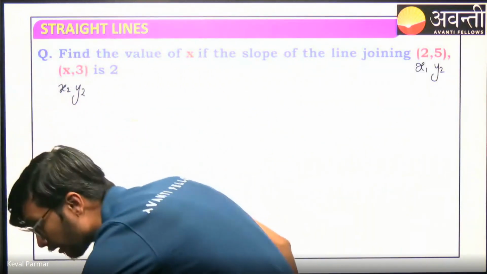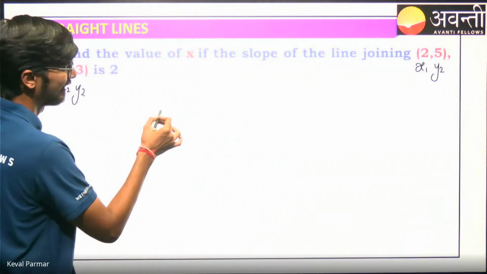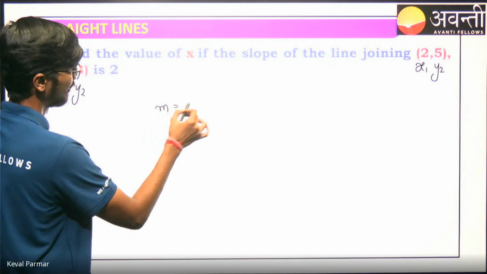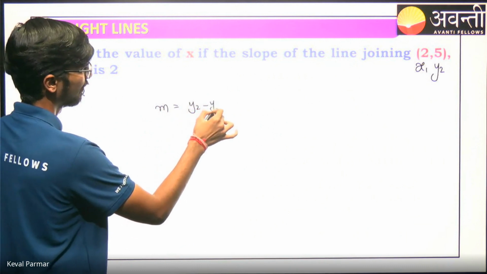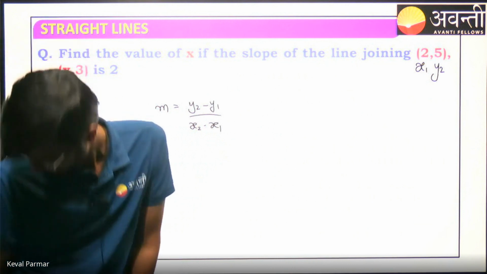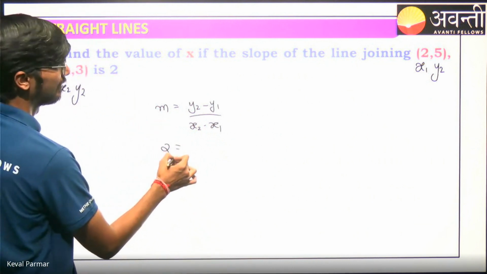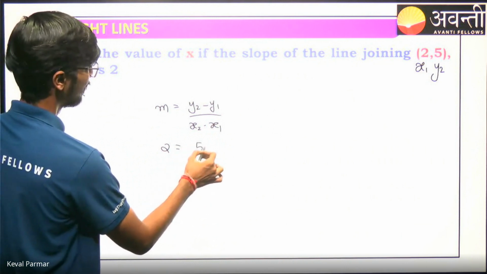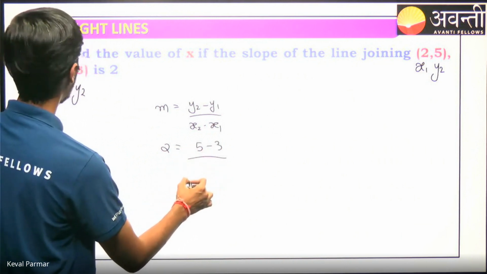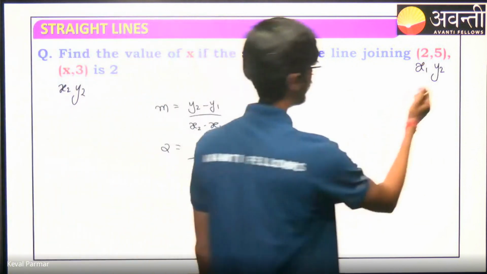Okay, 1. Yes. So let me solve it. Slope is basically y2 minus y1 upon x2 minus x1. And yeah, one of you gave the answer, right? So the slope is given, 2 equals 5 minus 3 upon, oh, this is x1, y1, sorry.